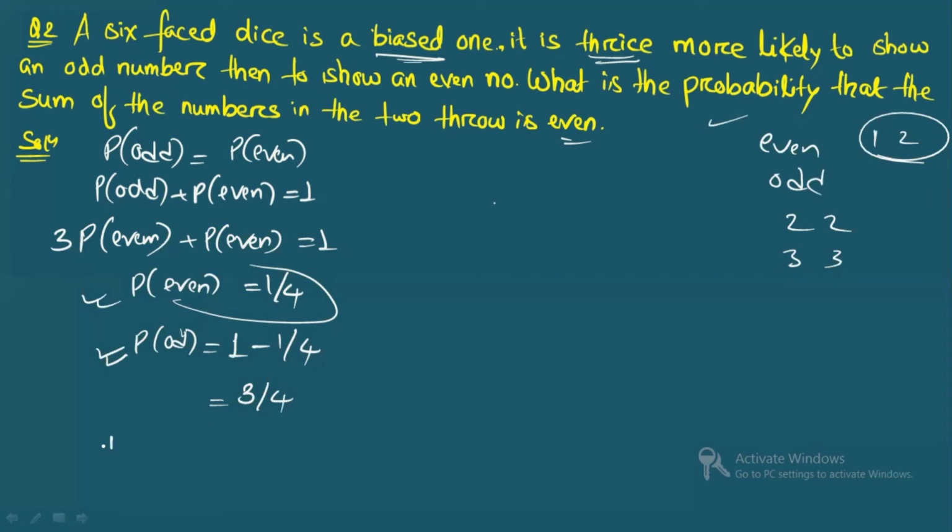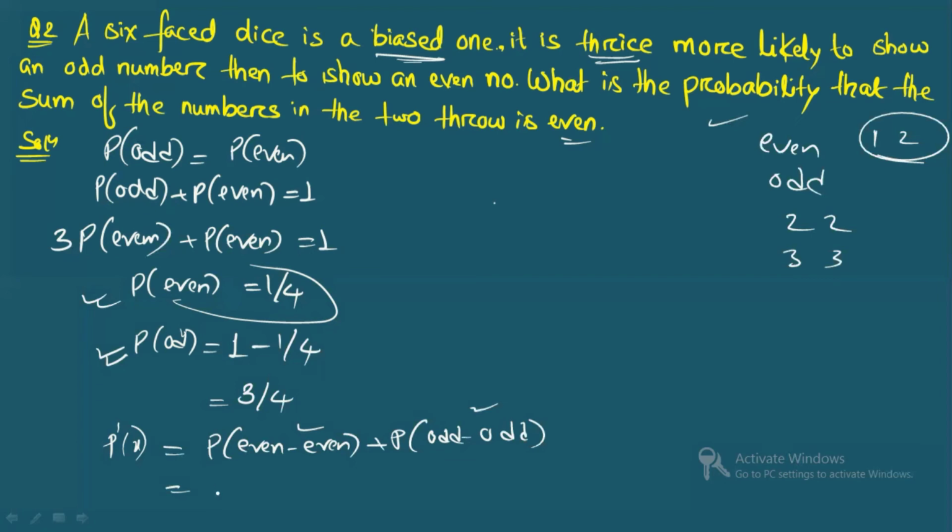So you can write the probability of the sum of numbers to be even in two throws. The probability, P prime I'm taking, or whatever you can consider, is probability of even plus probability of odd. That means the numbers should be either both even or both odd.